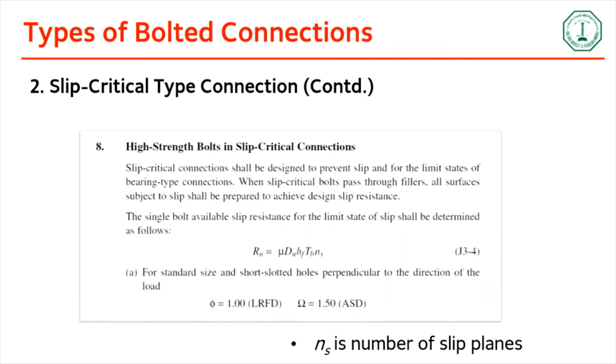Doctor, in the manual, the capacity Rn mu isn't written there. Yeah, it is actually a misprint. Even in my manual, it is not there. But I checked some other editions, and this mu is missing in some of the manuals. So okay, mu is to be added.